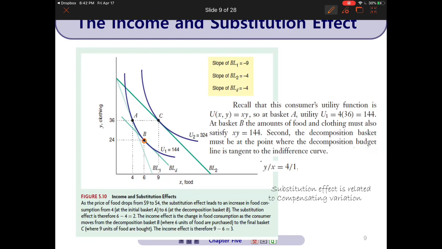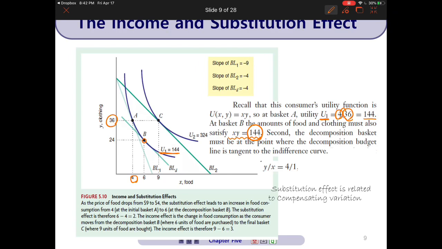And the way we do it, take this indifference curve. How did I derive this number? Using basket A, which is 4 and 36. Plug 4 for X, plug 36 for Y. Multiplication between these two numbers gives 144. That's the utility level, which is U1, and which becomes the indifference curve.